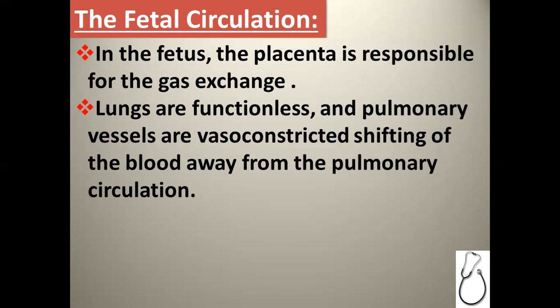That means the deoxygenated blood from the body is drained by the superior vena cava and inferior vena cava to the right atrium, which goes through the tricuspid valve to the right ventricle, then through the pulmonary artery to the lungs, where the gas exchange is done and blood becomes oxygenated, back to the heart through the pulmonary veins to the left atrium, and then through the mitral valve to the left ventricle, and then from the left ventricle to the aorta, where it goes to the upper and lower part of the body.